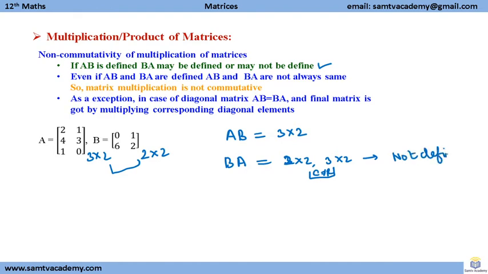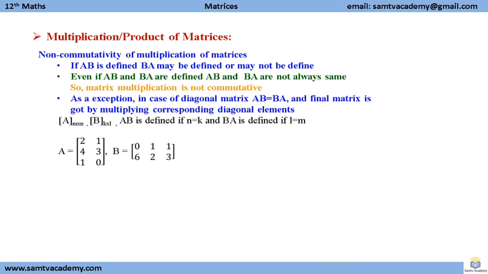So in non-commutativity, it is not mandatory that if AB is defined, BA should be defined. BA may or may not be defined. Next point is, even if AB and BA are both defined, they are not always the same. So matrix multiplication is not commutative.